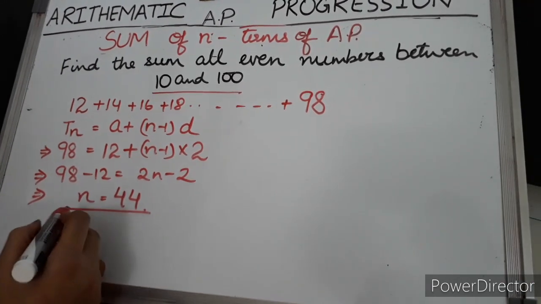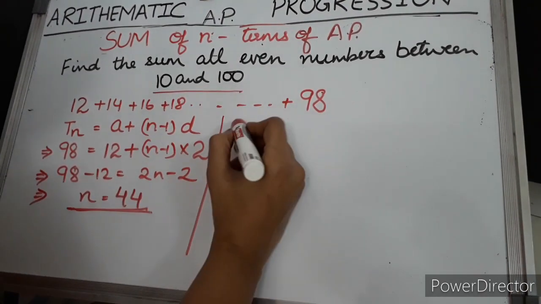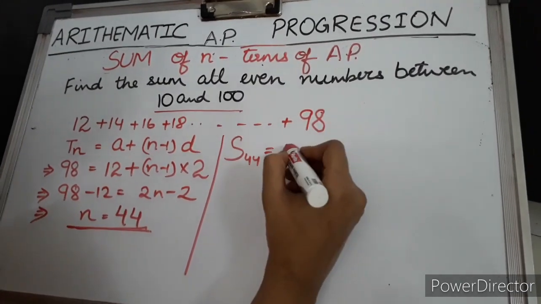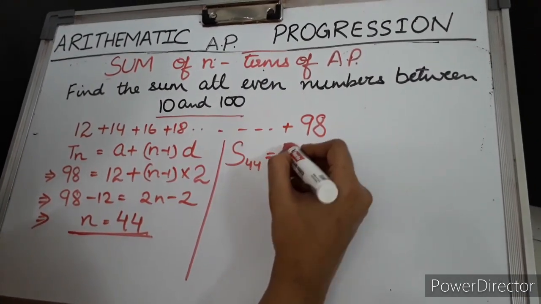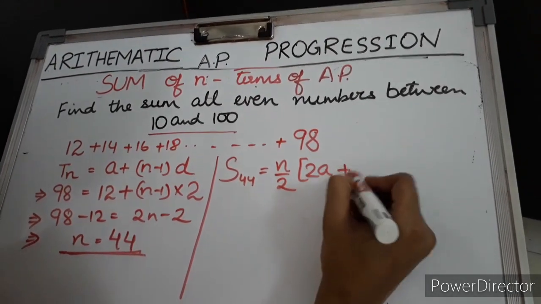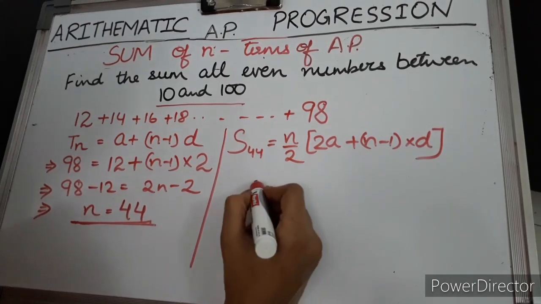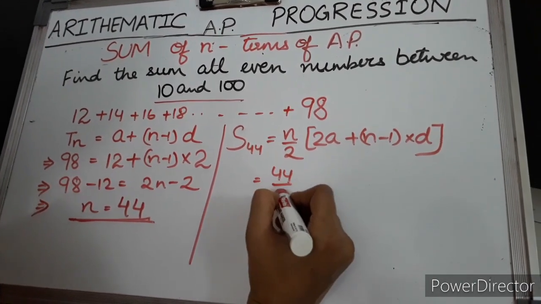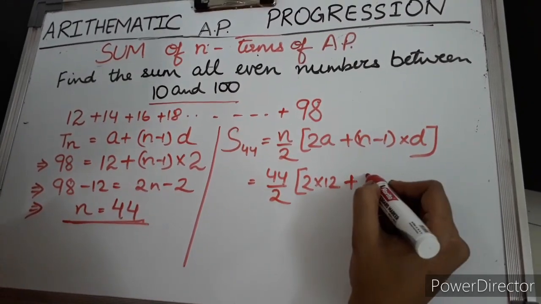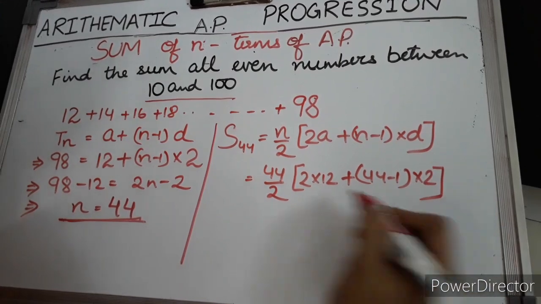Now we got n as 44. Again we have to find the sum. The sum for this series of 44 terms will be, putting it in the formula, n by 2 into (2a plus (n minus 1) into d), which is 44 by 2 into (2 multiplied by 12 plus (44 minus 1) multiplied by 2).